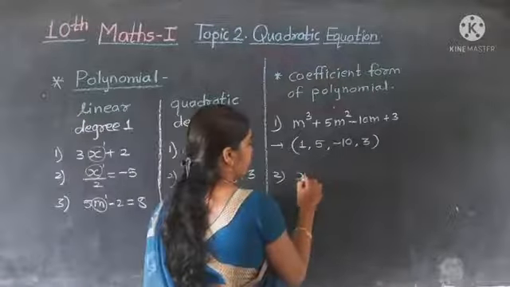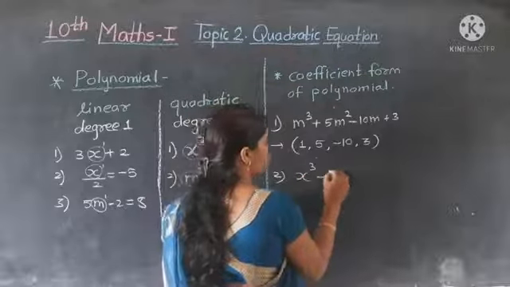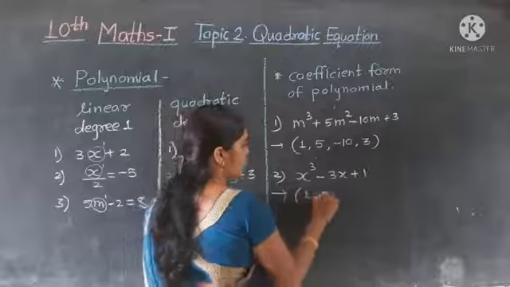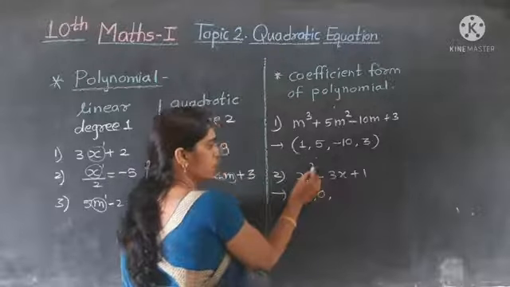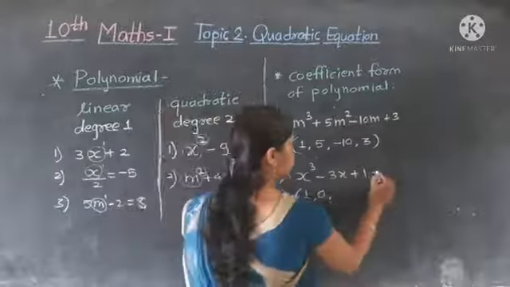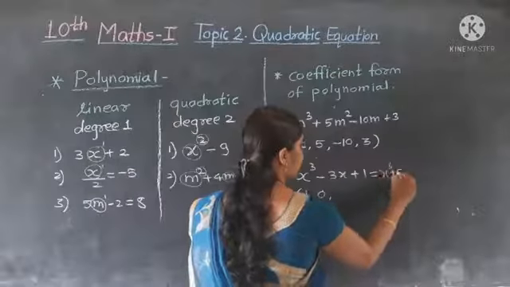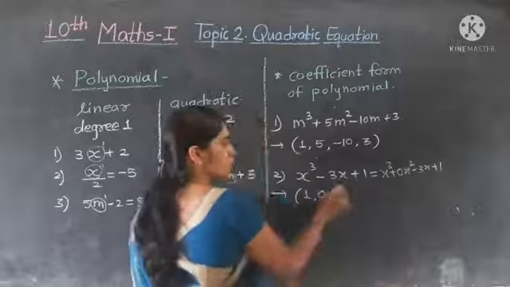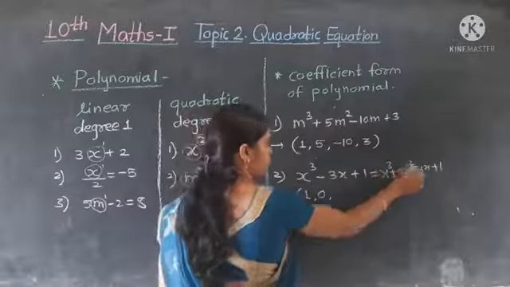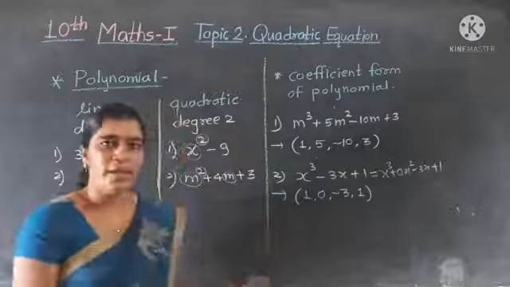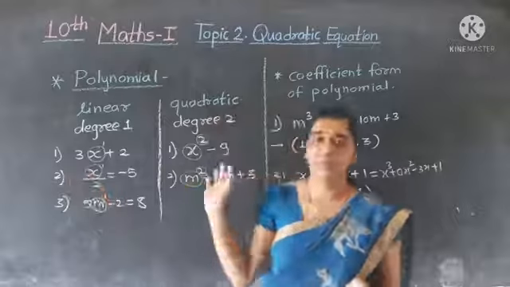For example, x cube minus 3x plus 1: the cubic term is present, the square term is absent. You write this as x cube plus 0x square minus 3x plus 1. So the coefficient form is 1, 0, minus 3 and 1. These are the basic concepts.